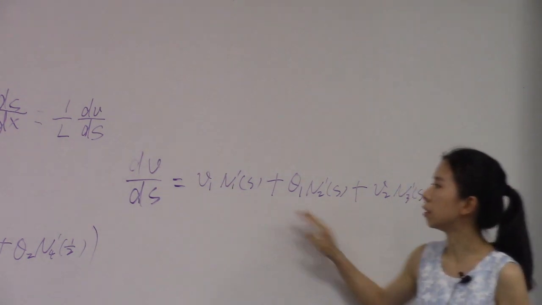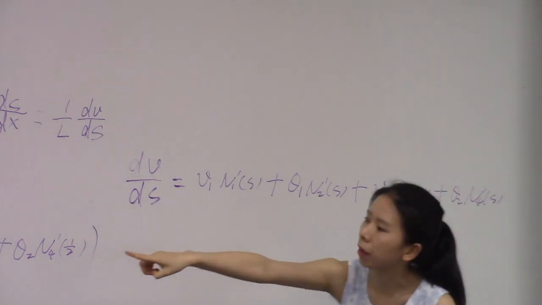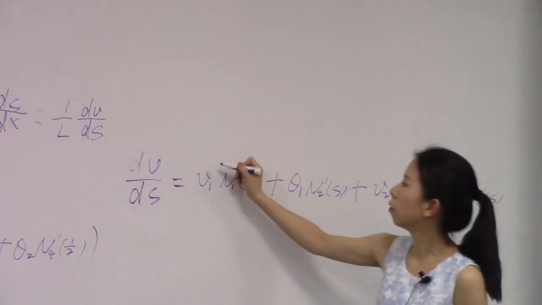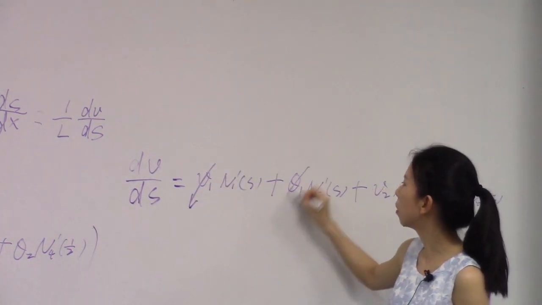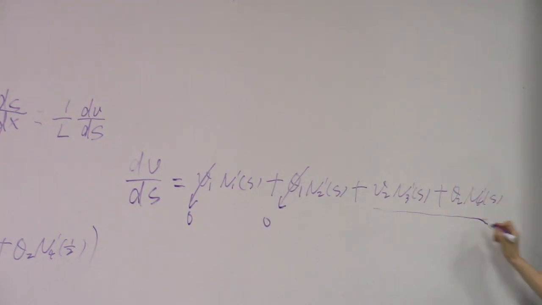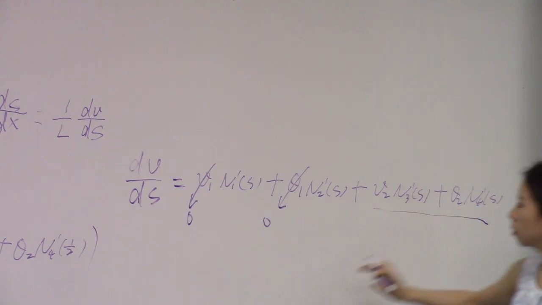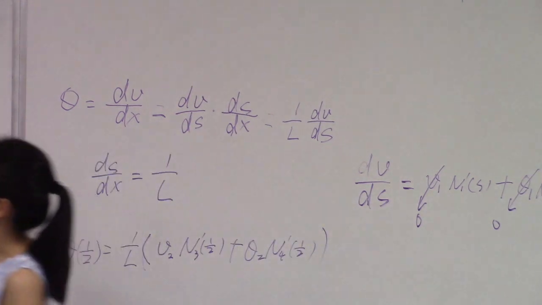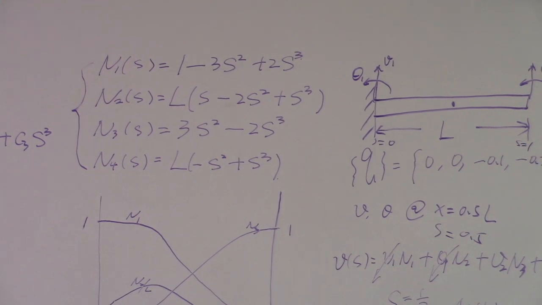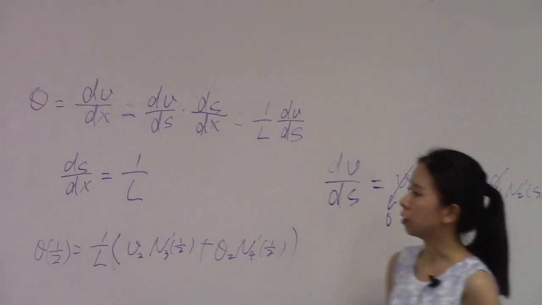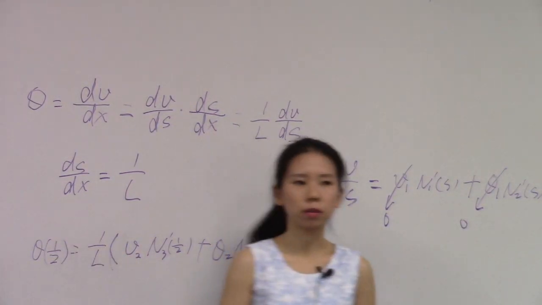So this is dv ds, simply from the interpolation function. Because in this problem V1 is 0 and theta 1 is 0, these two terms can be ignored. We only consider this part. We already have V2 and theta 2, and then you calculate dN3 ds and dN4 ds, and plug s equal to 1/2 into them. Then you can calculate the rotation at the midpoint.